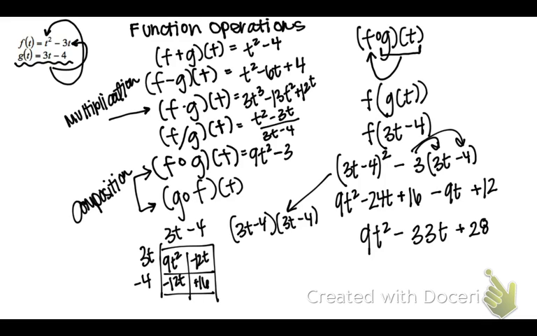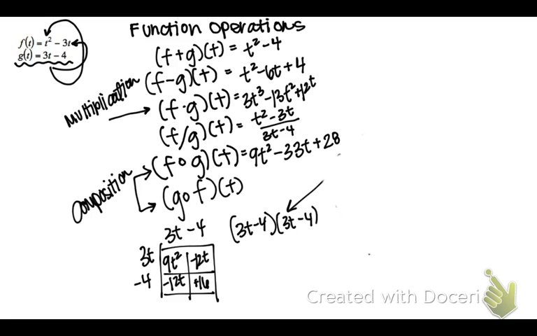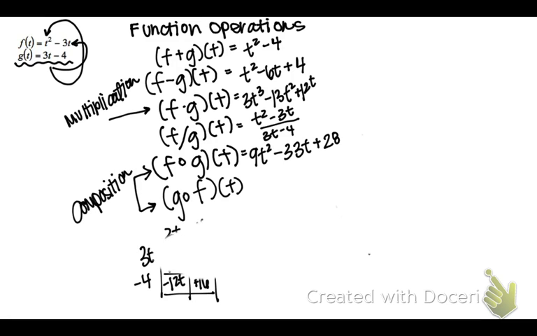So you always plug in whatever the second function is. In this case, it was g. We're going to do it now, but the opposite way. So if we do g of f of t, we're now plugging it in the opposite way.